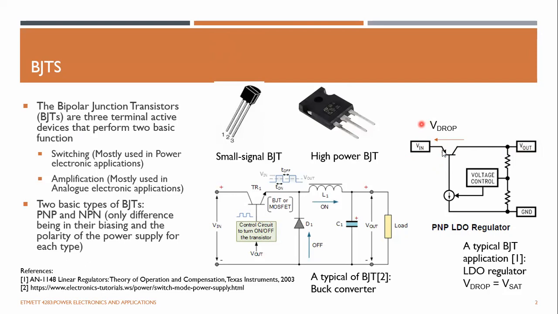If you're using an external supply to feed your Arduino, this linear regulator will step down to the 5 volts output. So inside the linear regulator, there's a PNP type BJT. BJTs can come as PNP and NPN types depending on your application.